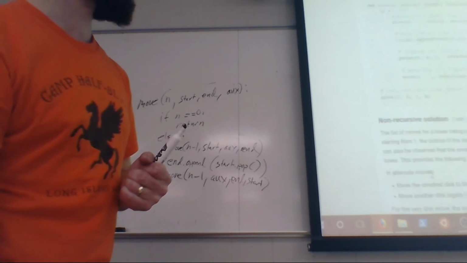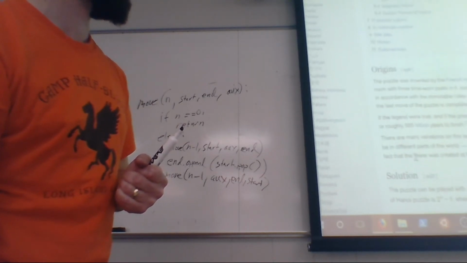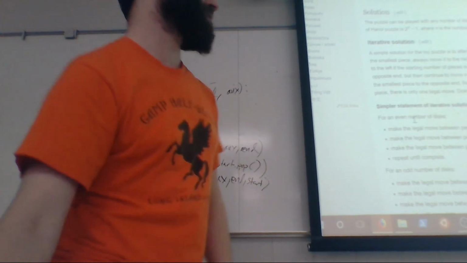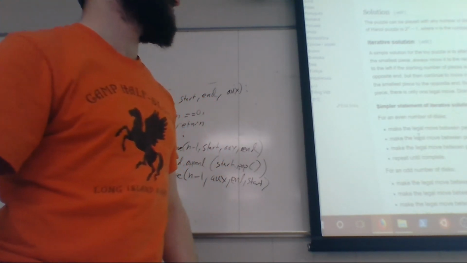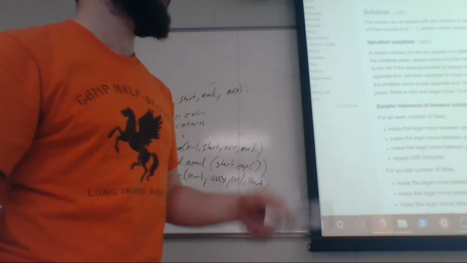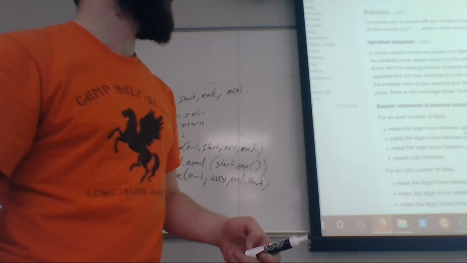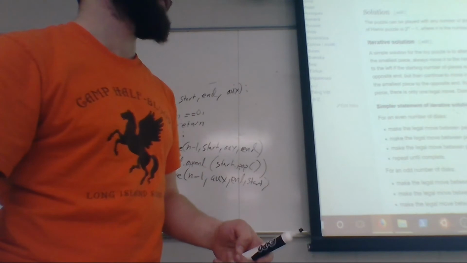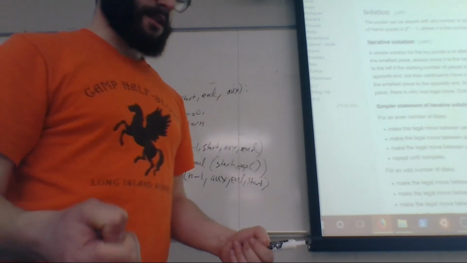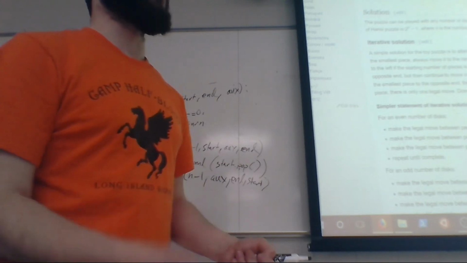There's also a non-recursive solution, but it's not nearly as fun as this one. How does it work? Well, you make the legal move between pegs A and B. So if you can move a disk from A to B, you make that. If you can move from B to A, you make that instead.